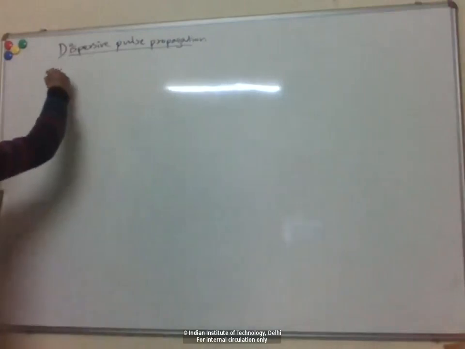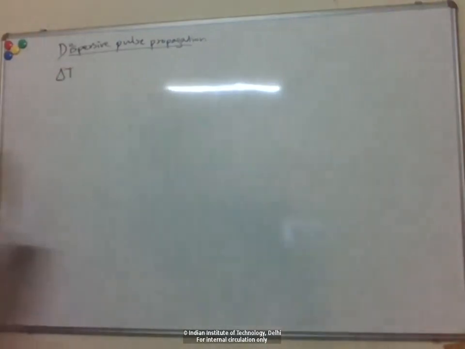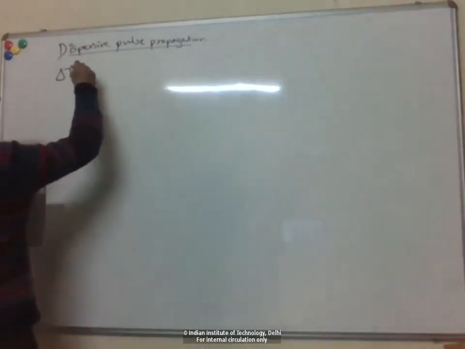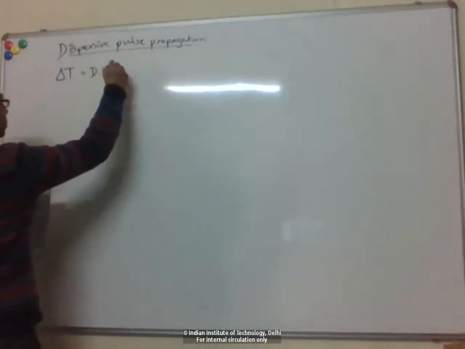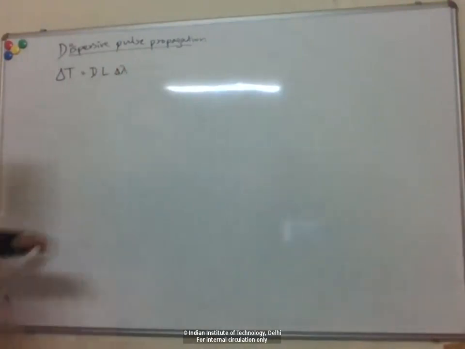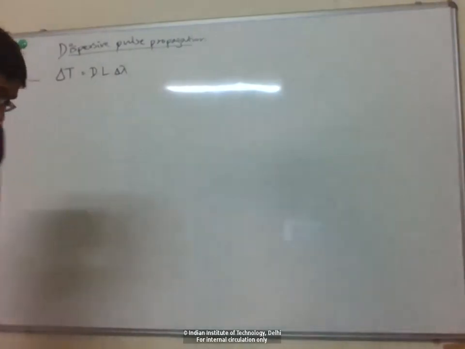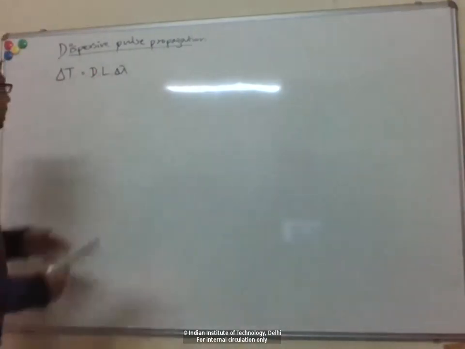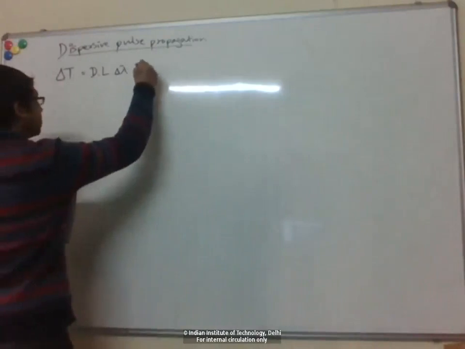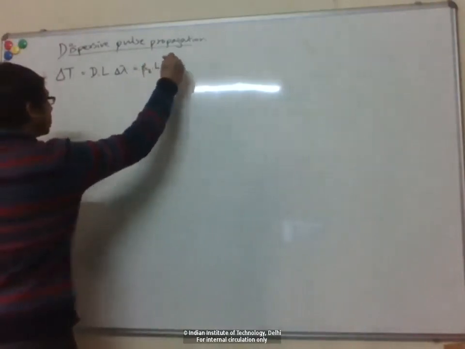So recall we saw that this broadening went as this dispersion coefficient times the length of the fiber times the bandwidth in the signal. So this is in wavelength units. You could equivalently write this in frequency units like this.